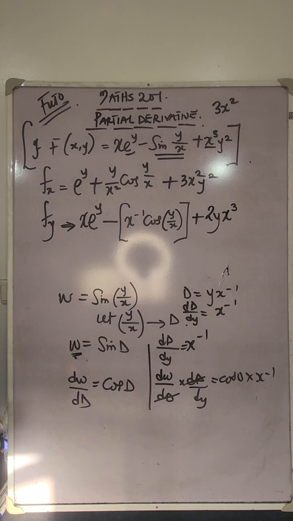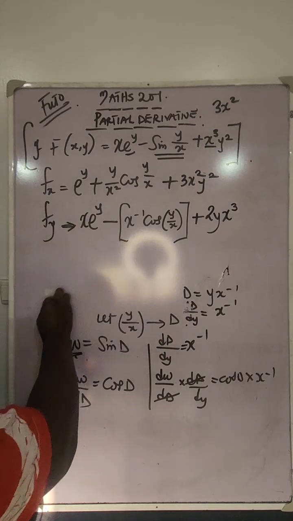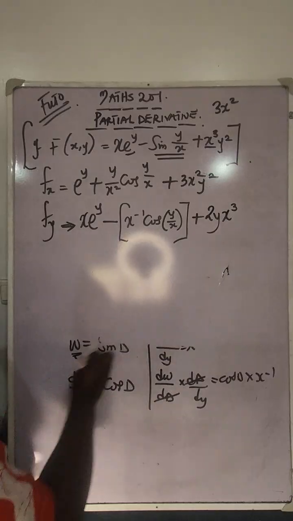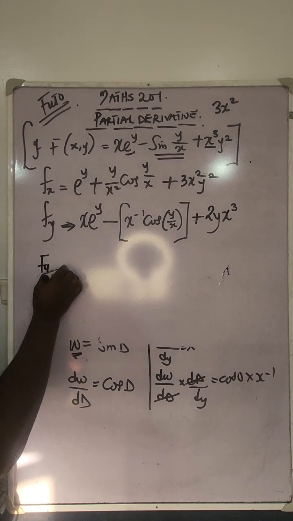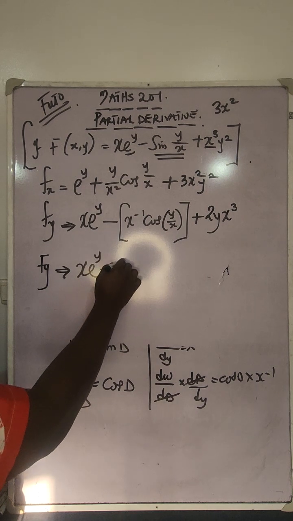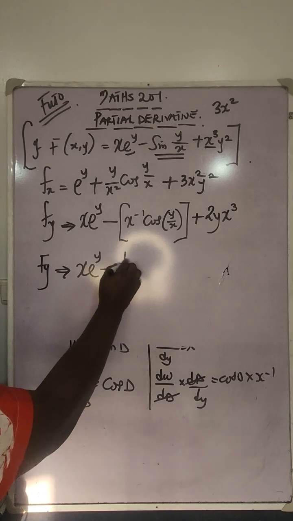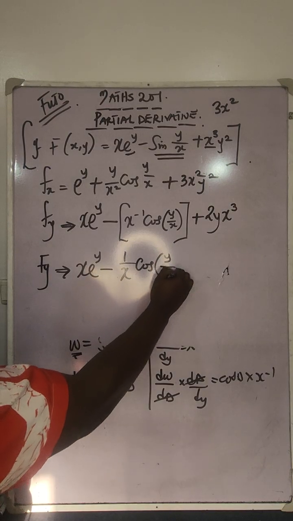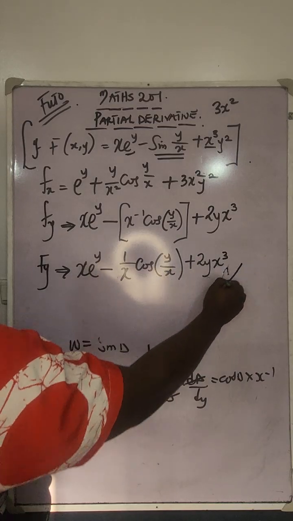So in proper terms, what we have is f of y is equal to x to the power of y minus x, okay, you can say 1 over x, cos of y over x plus 2y x to the power of 3.